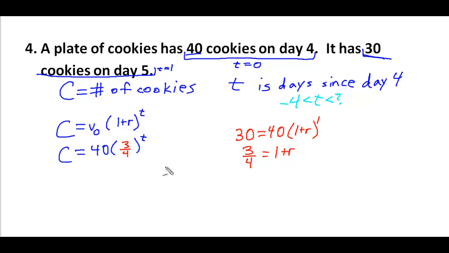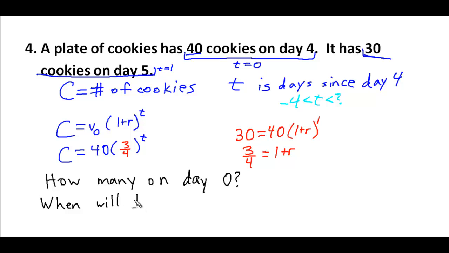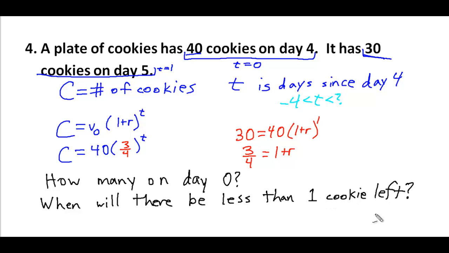I'd like you to answer 2 questions off of this. How many on day 0, and when will there be less than 1 cookie left? So for that one, assume that eventually you're going to end up with fractions of cookies on days.